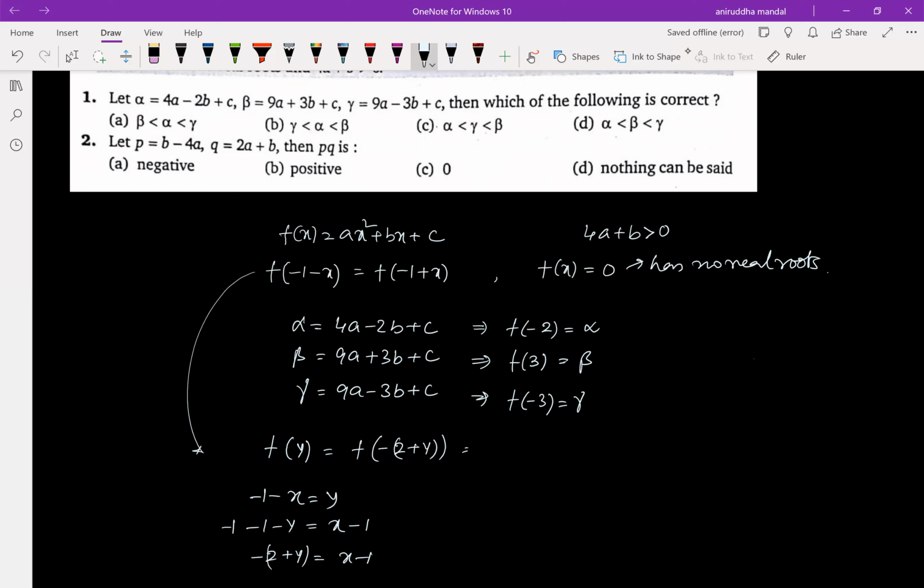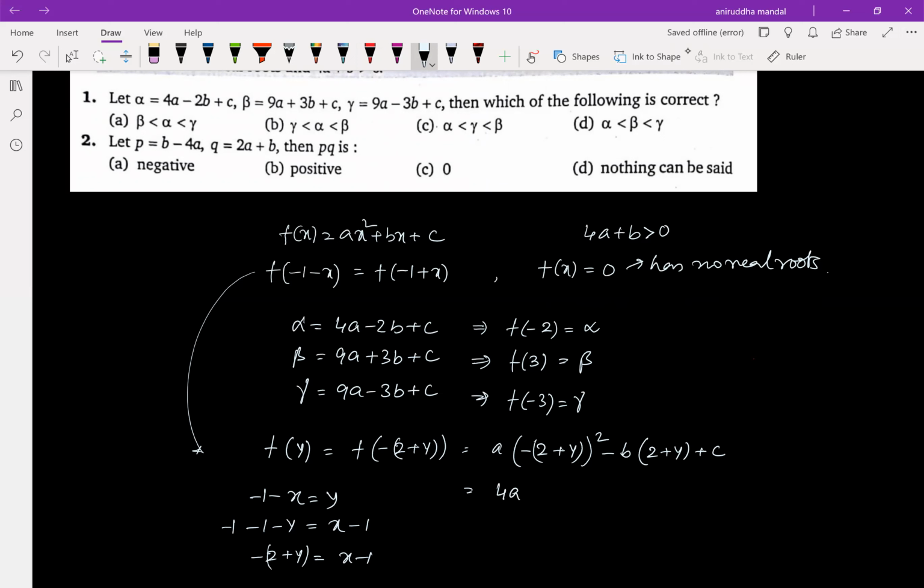Okay, so now substitute x as minus 2 plus y, so we have a times minus 2 plus y whole square plus b times minus 2 plus y plus c.